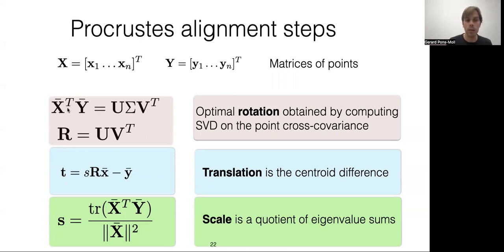And then we compute what is called the cross-covariance matrix, X transpose Y. And then we decompose this matrix product with the SVD decomposition. So we obtain U sigma V transpose. And now the rotation is going to be just the rotation part of this decomposition. So we throw away the sigma, which is basically making the stretch. And so basically the rotation is going to be U V transpose.